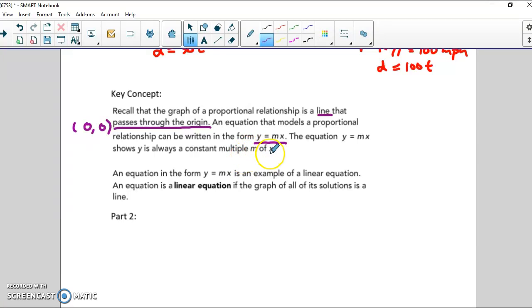So I'm always multiplying x by m in this form. So an equation in the form y equals mx is always going to be an example of a linear equation. So remember, we know it's linear if the graph of all of its solutions makes a line.